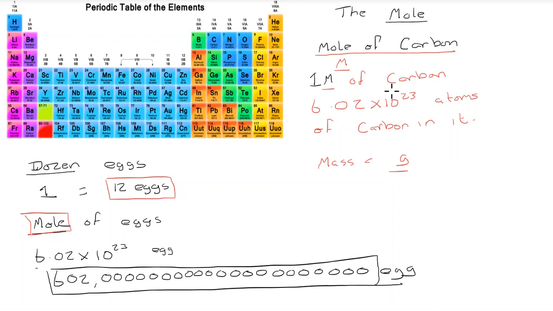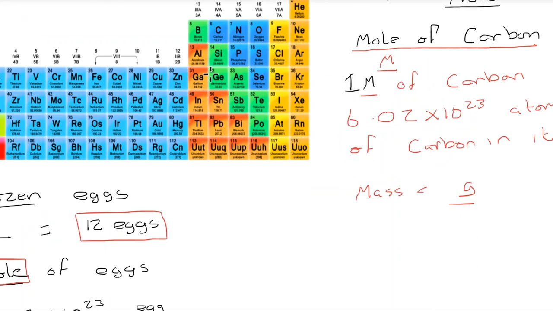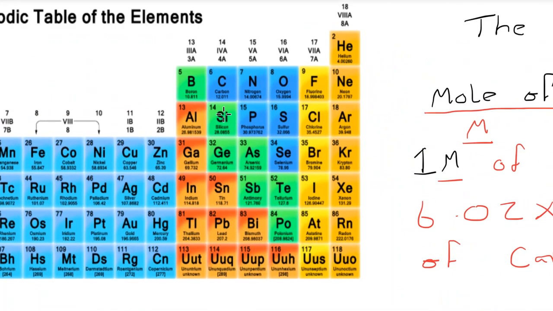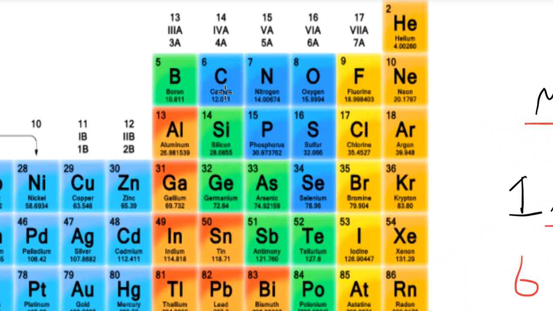Now, obviously this is a huge number and atoms are extremely small, but there's a direct link between the mass that's represented on the periodic table and this idea of the mole. So if we have a look at carbon here, we can see that carbon has a mass of 12.